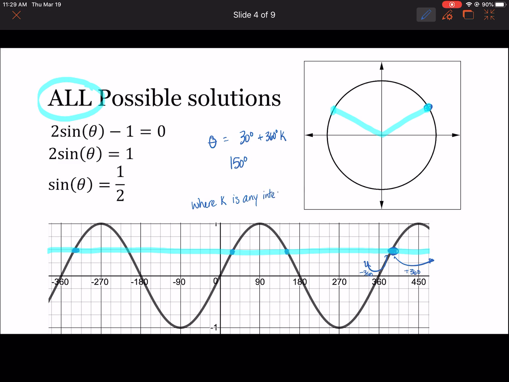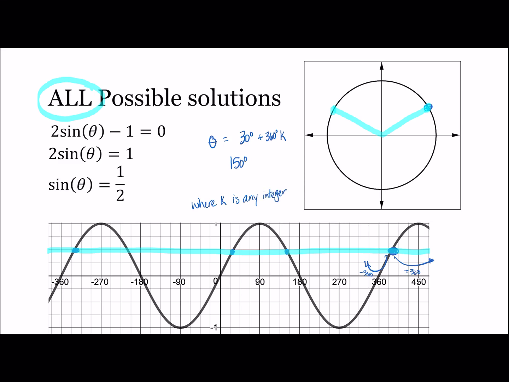What I mean by that is k can be positive 1, and I'm talking about this point right here. K can be negative 1, and I'm talking about this point right here. K could be negative 27, and I'm talking about some point way off in the distance over there. K can be any positive or negative whole number. And then I have some new coterminal angle that is equivalent to 30 degrees.